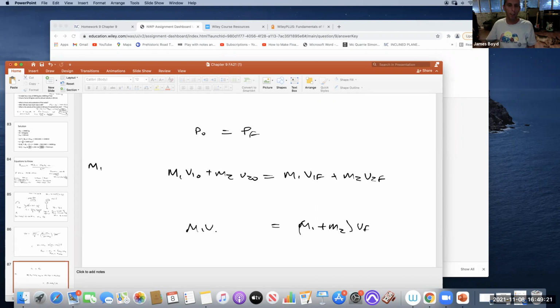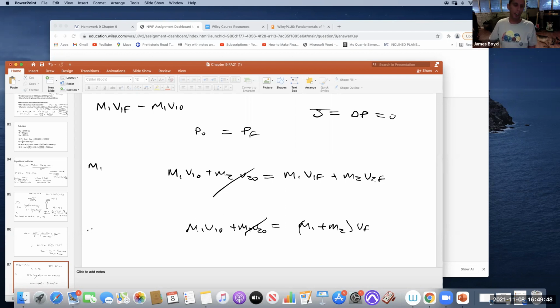And M1 V1 initial plus M2 V2 initial. Now, these are both that, but they're still equal. So I'm like, well, J is the change of momentum, so it should be 0. What they want is the change of momentum for M1. So they want M1 V1 final minus M1 V1 initial for each of these cases, okay?